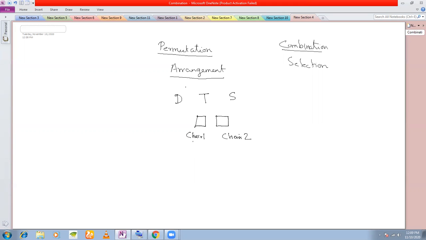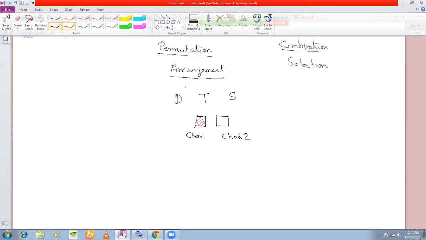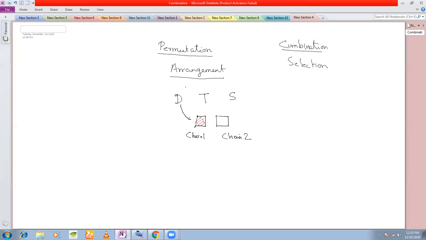See, first of all, I can make you sit in this chair, or Tanisha. Let us consider chair 1 first. This chair. Okay. What I can do is I can make you sit in this chair, or I can make Tanisha sit in this chair, or I can make Sumit sit in this chair. Right? So in how many ways can I make a student sit in this chair?